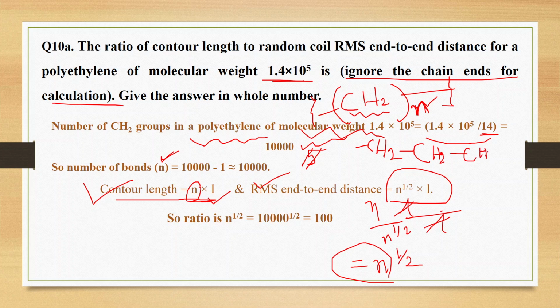We are not considering the end groups, so I am not bothering about what is in the end group. Fine. So suppose we have 3 CH2 groups, what is the number of bonds? There is one bond and two bonds. So obviously for three CH2 groups there are two bonds, right? So if there are n number of CH2, there will be n minus 1 number of bonds between them, obviously, right? But I am just giving an example like 3.